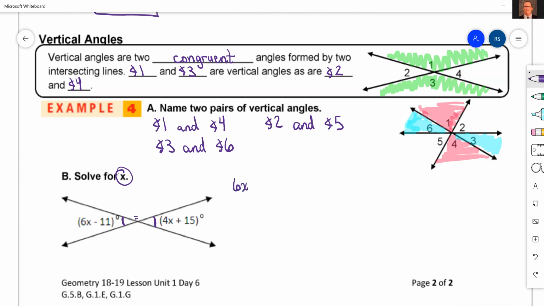I'm going to have 6x minus 11 equals 4x plus 15. And now I just start solving. So I'm going to move my 4x over. 6 minus 4 is 2 with my x. Minus 11 equals 15.